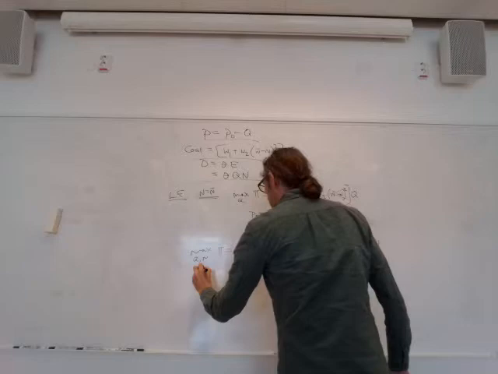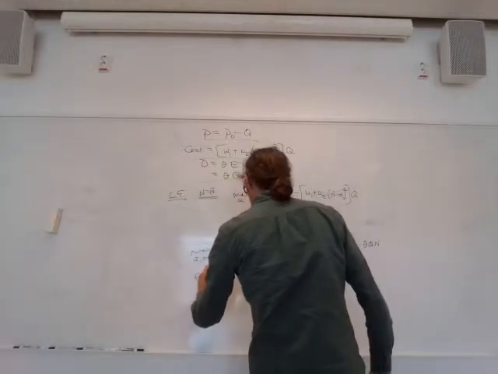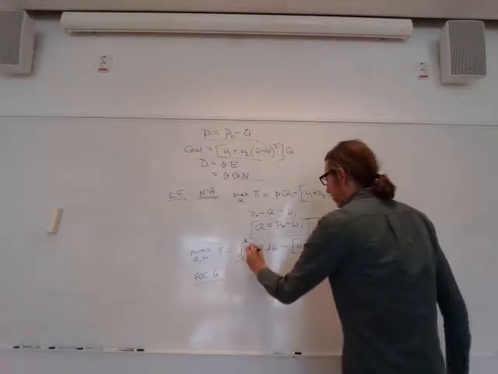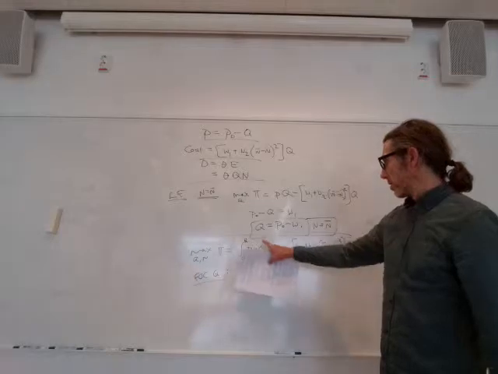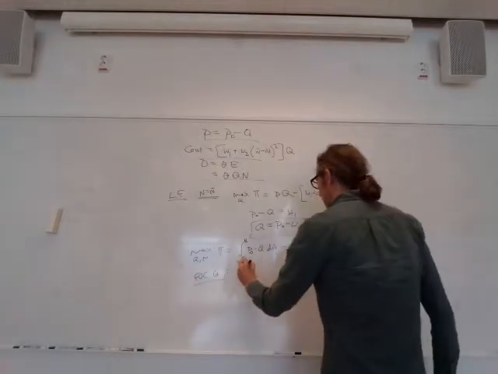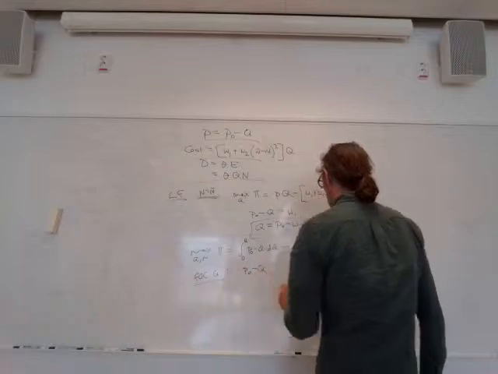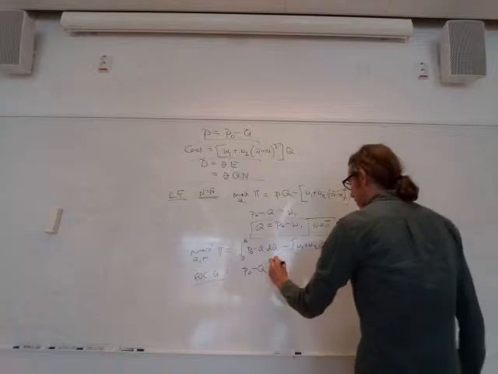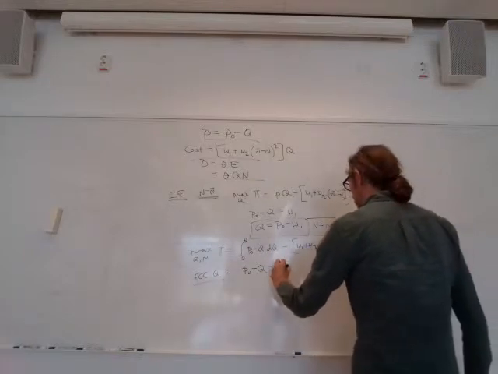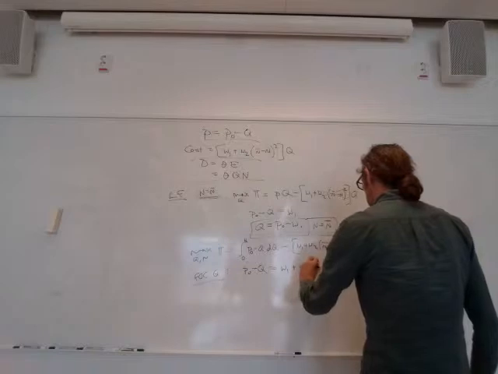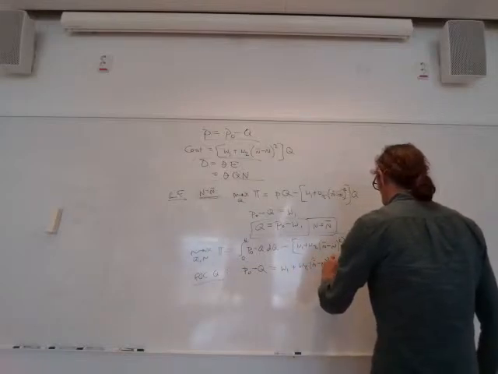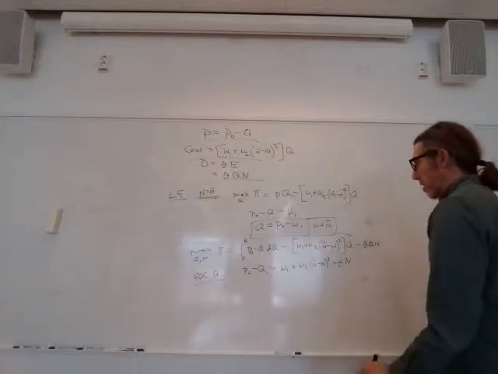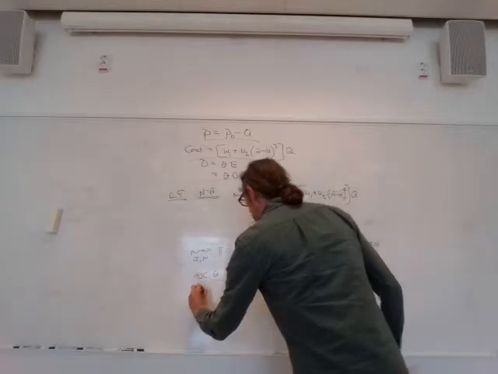So the first order condition in Q: when we differentiate this with respect to Q, we just get back P naught minus Q, this minus this equals naught, so we can take it over and say equals W1 plus W2 (n bar minus n) squared minus theta n. So that's the first order condition in Q.